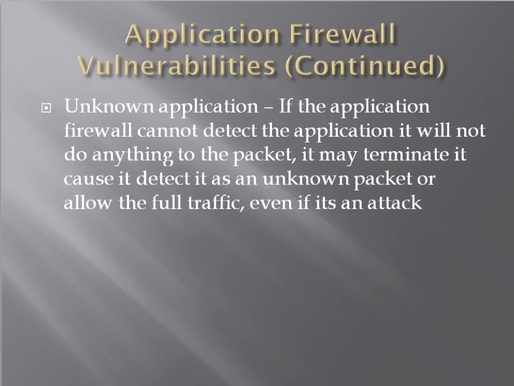If it's the kind of application firewall that allows an application in if it doesn't detect it, you can just send in gibberish as the signature, and have the exploit before that and after that, and since it doesn't recognize the gibberish, it just allows the full traffic in. That's another bad vulnerability that this has.